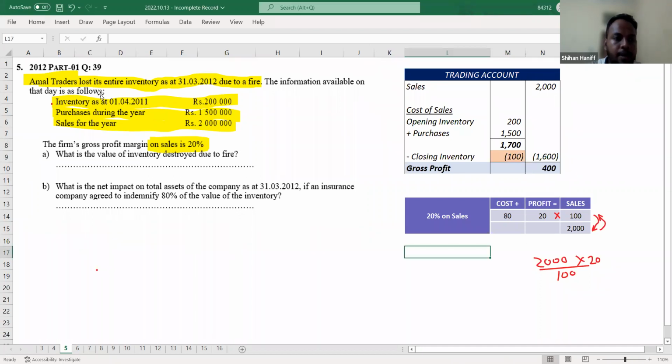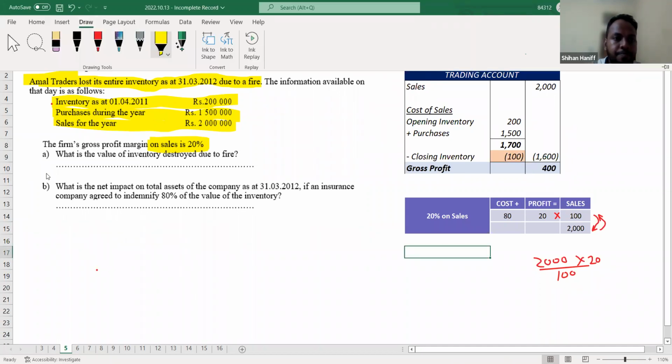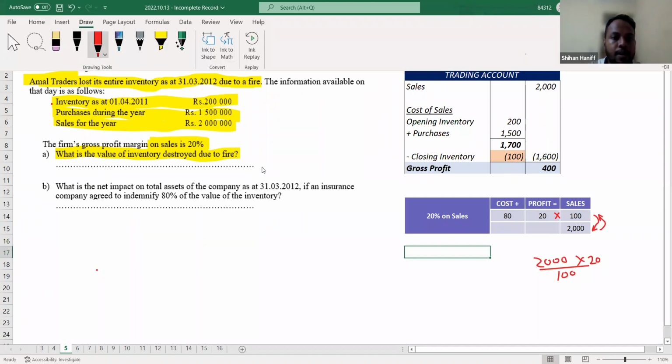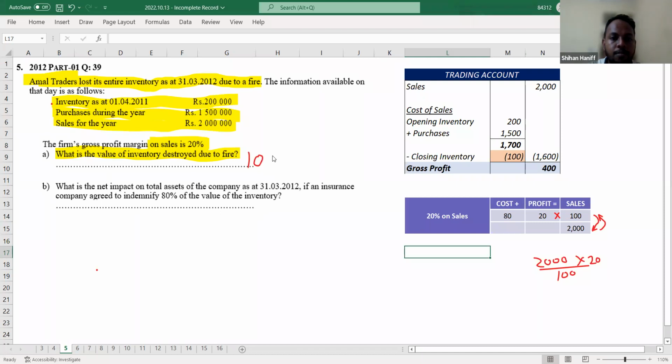Okay. Then the question, what is the value of inventory destroyed due to the fire? It's 100,000. Value of inventory destroyed by the fire is 100,000.